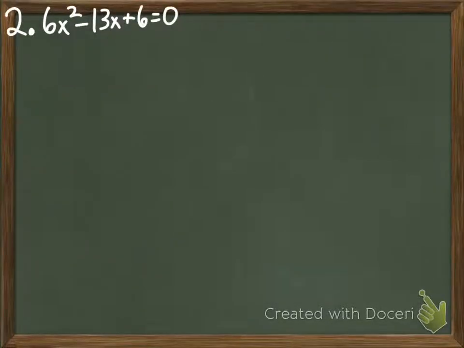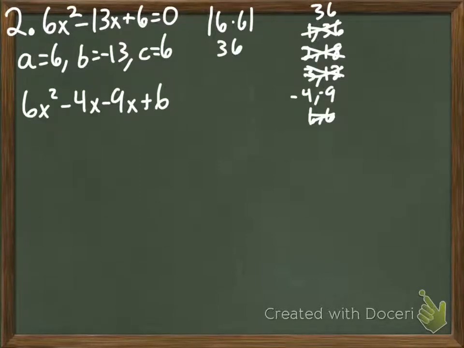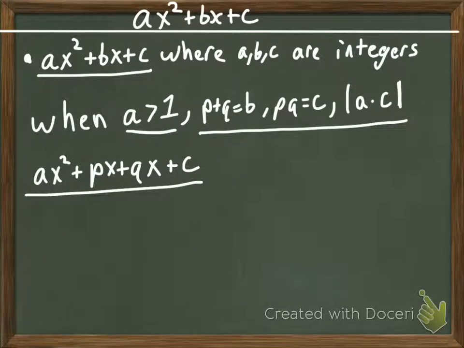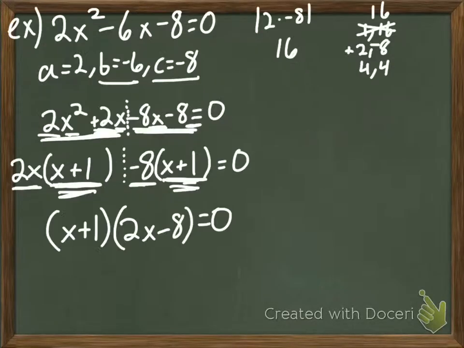Alright, here is a second example I want you to try with your group, so go ahead and work through this now. And before I go any further, I just wanted to tell you that I made a mistake. This p times q equals c, well, for this it's not always true, is it? So it's not always going to be true that p times q equals c.